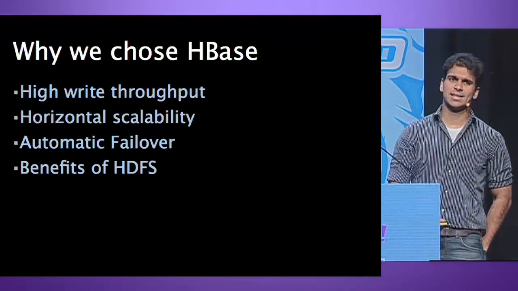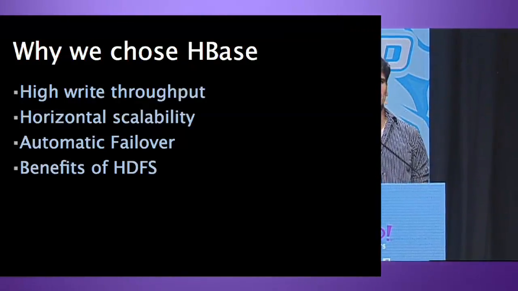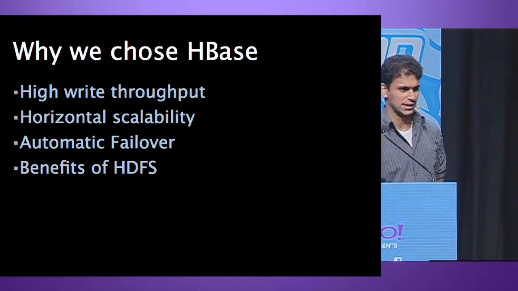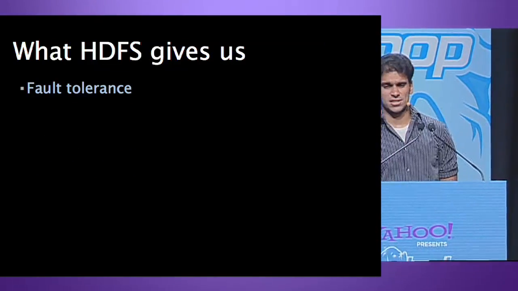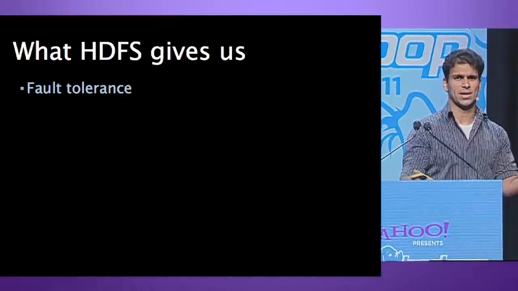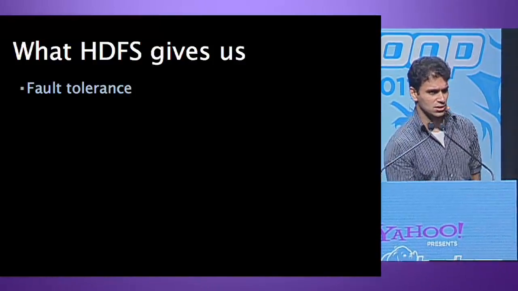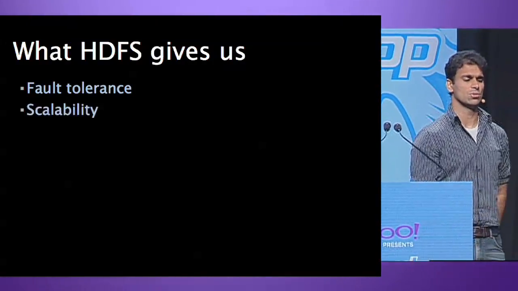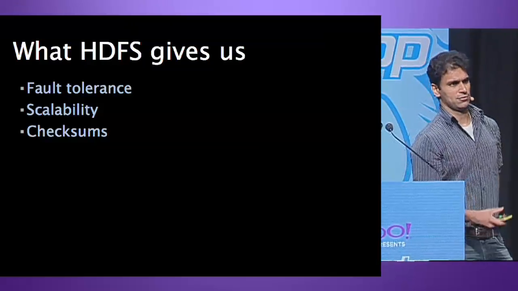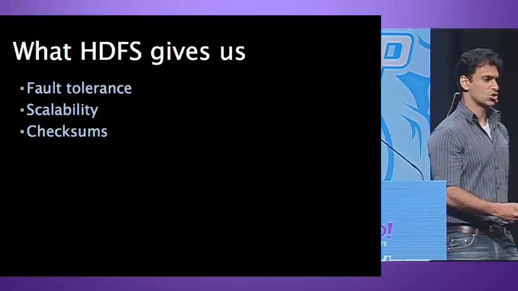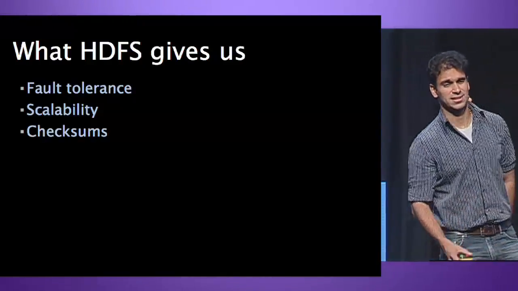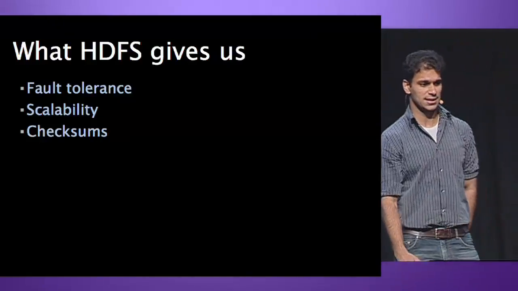And lastly, we get the benefits of HDFS. What benefits of HDFS, you may ask? HDFS is fault tolerant. All of you know about HDFS, so I'm going to go pretty quick on this slide. It's pretty scalable. You can throw in a few machines and scale it out. If data becomes corrupt on disk, it has checksums so that it automatically replicates the data and keeps the replicas in sync.